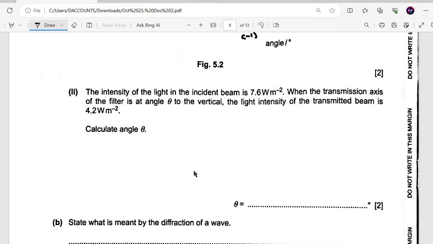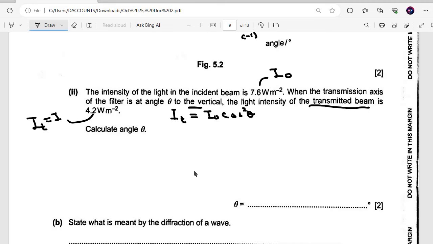And the next question. The intensity of light incident is 7.6 when the transmission axis of the filter is at an angle theta to the vertical. The light intensity of the transmitted beam is 4.2. Calculate angle theta using Malus law. Transmitted intensity equals incident intensity times cos squared theta.